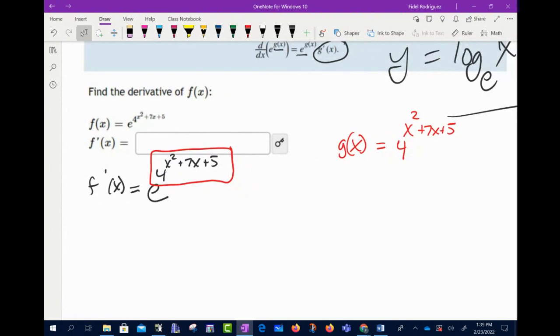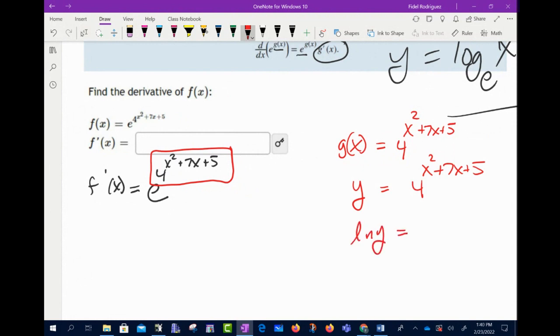We're going to use logarithmic differentiation here, you guys. So look, I'm going to write this as y equals 4 to the power x squared plus 7x plus 5, okay? Remember what we're going to do now. We're going to take the natural log on both sides.